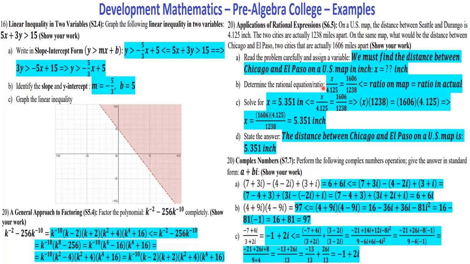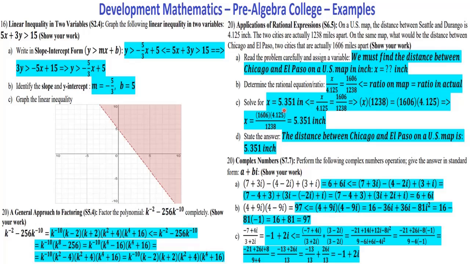That is the question. So determine the ratio equation, which is x, that is what we are looking for, over 4.125 in inches, is equal to the ratio between these two, 1,606 over 1,238.